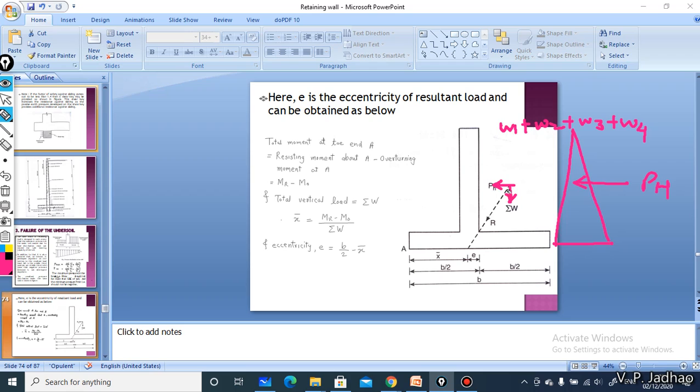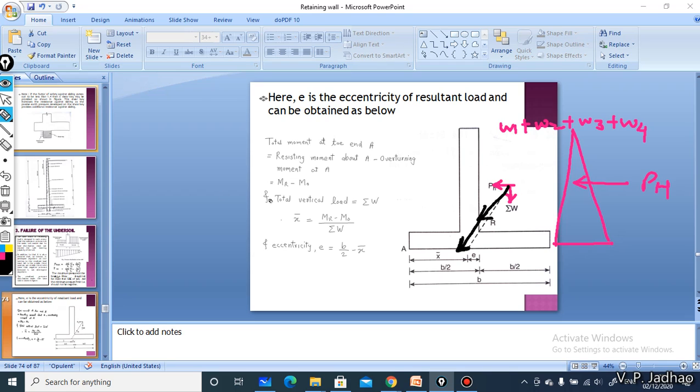So due to these two forces, pH and summation of W, some resultant force will be acting.